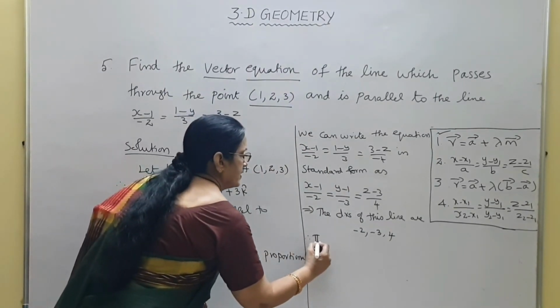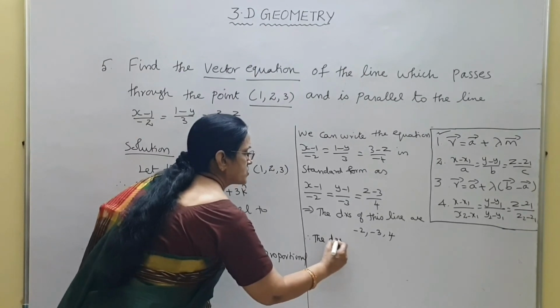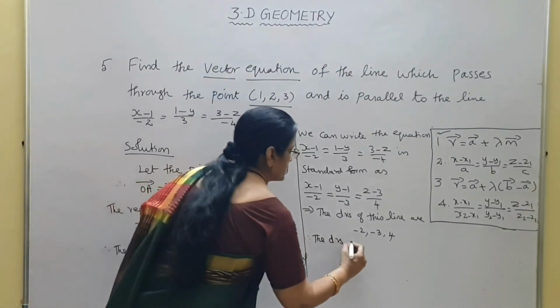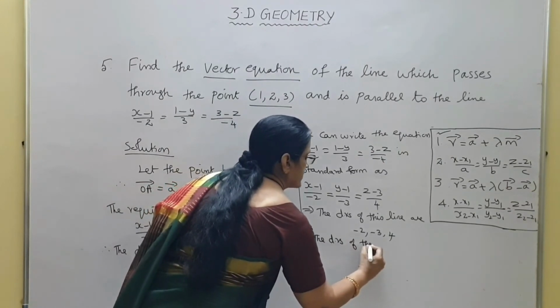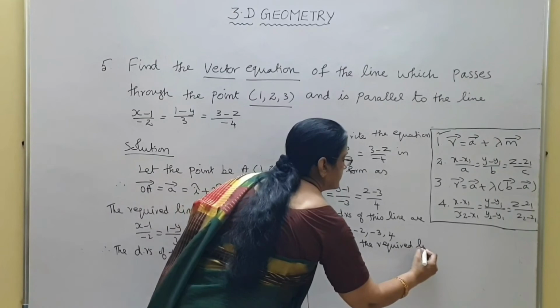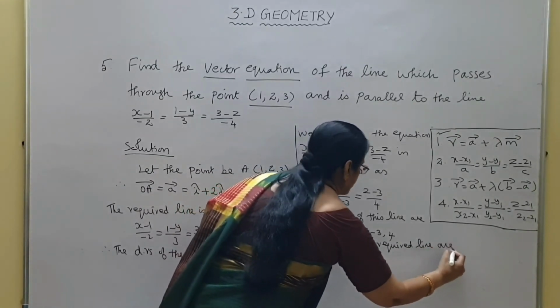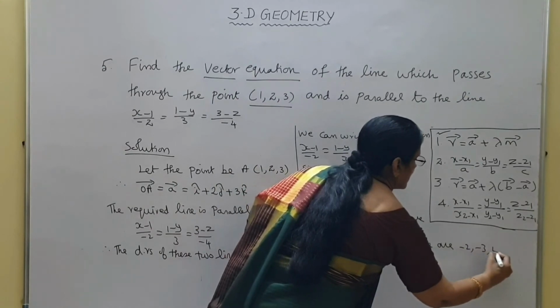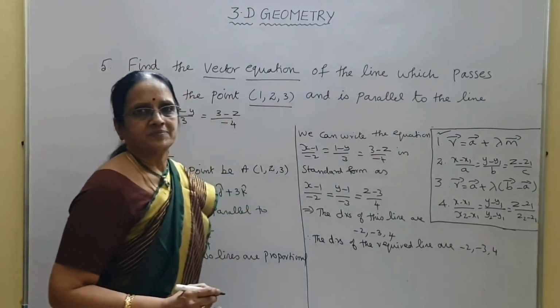Therefore, the direction ratios of the required line are minus 2, minus 3, 4 because they are proportional.